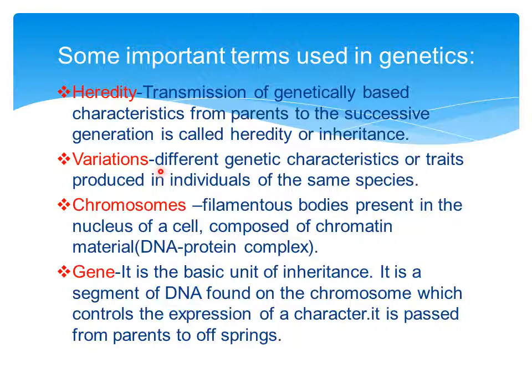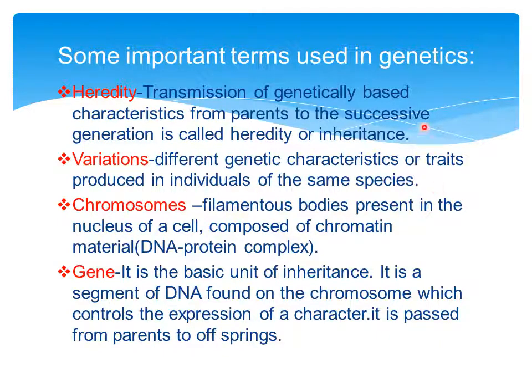No. They usually differ among themselves and also from their parents. Even twins resemble each other, yet show differences. So differences among the individuals of a species is called variation. It is the different genetic characteristics or traits produced in individuals of the same species.